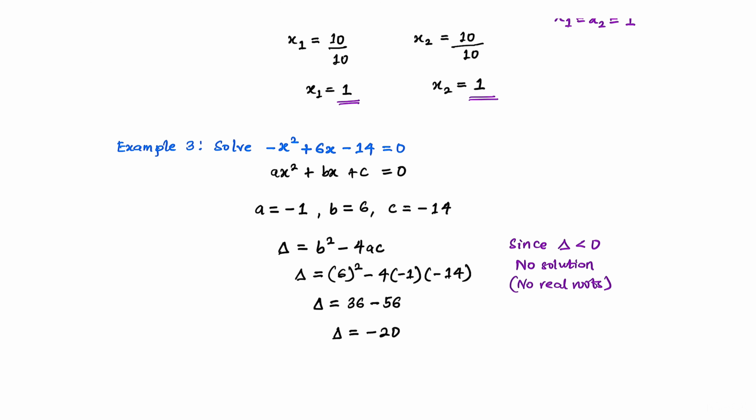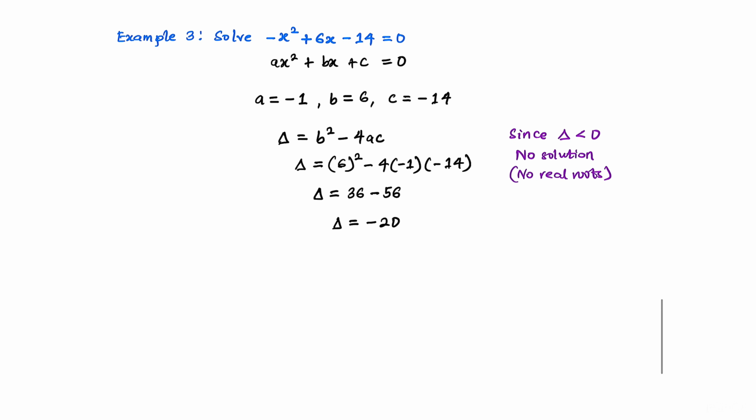And the reason why we won't have any real root is because if we are to apply the formula to find x, which is minus b, plus or minus square root of delta divided by 2a, we will realize that we will have to take the square root of delta.